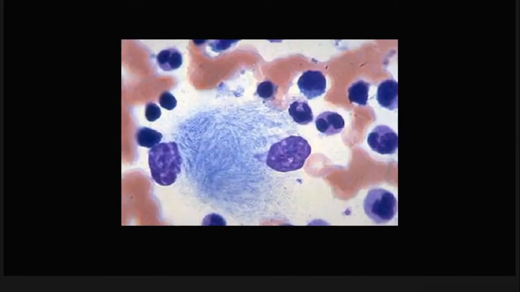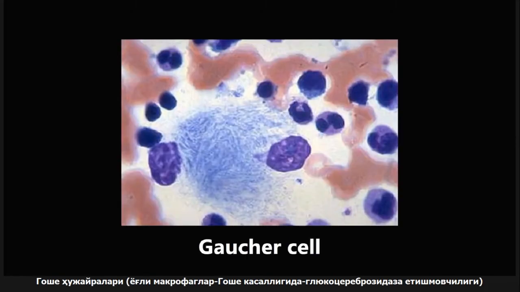The next image is going to be a Gaucher cell, and this is a lipid-laden macrophage that a lot of people say looks like crumpled up tissue paper. I guess I kind of see it. So this Gaucher cell is seen in Gaucher disease, and it's really high yield to know some of the pathophysiology behind this.